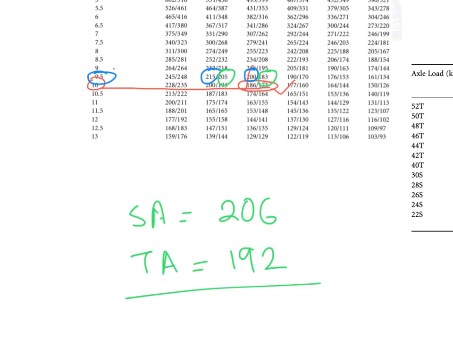So in order to calculate the stress ratio factor, you need to divide these equivalent stresses by the modulus of rupture, MOR, that is given as 650. This will give you the stress ratio factor.